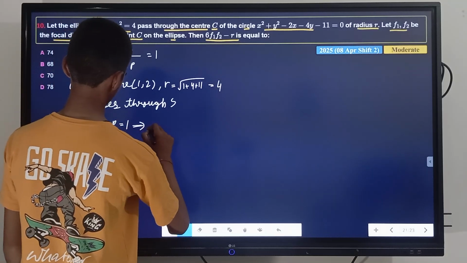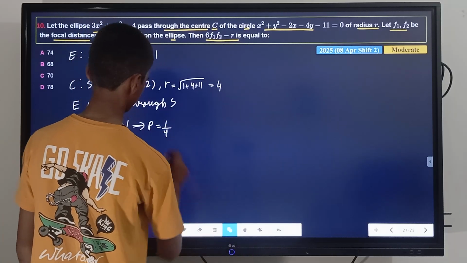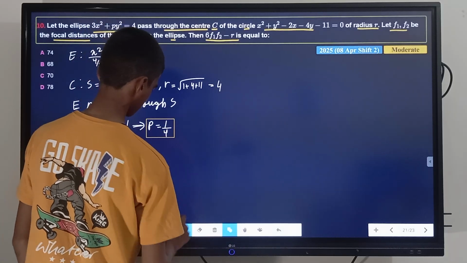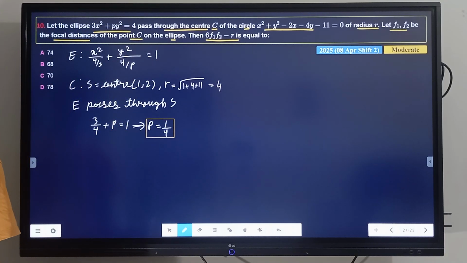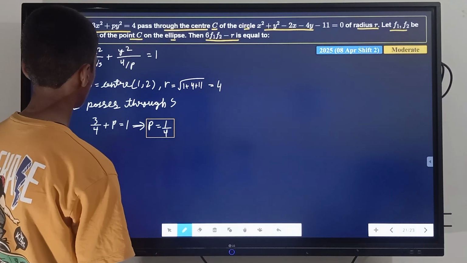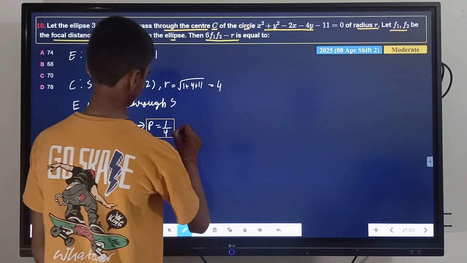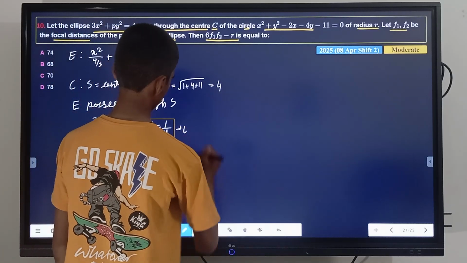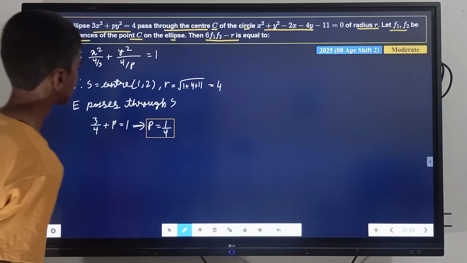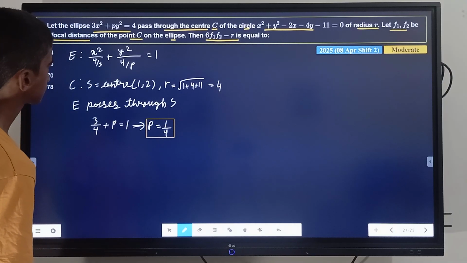From here we will get p is equal to 1 upon 4. Now from here we can clearly say that the ellipse is a vertical ellipse.